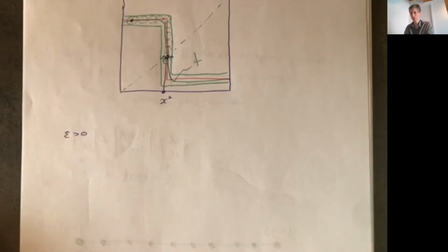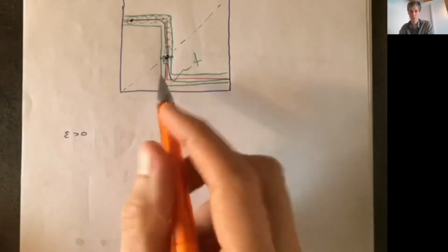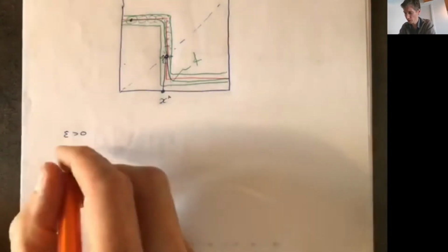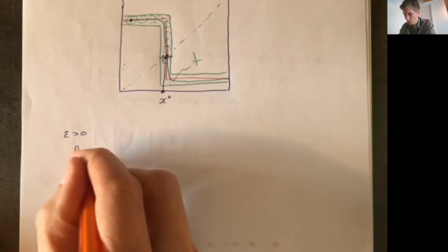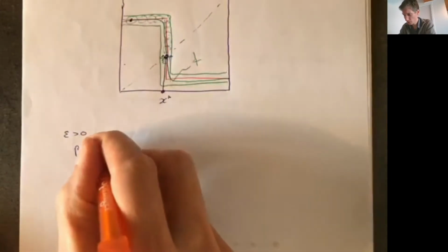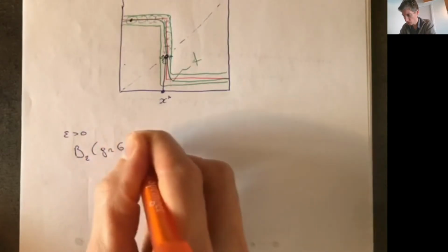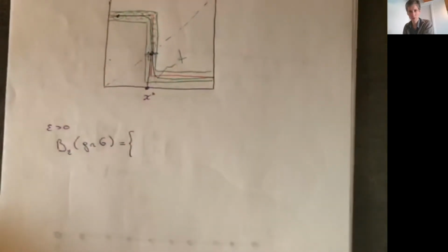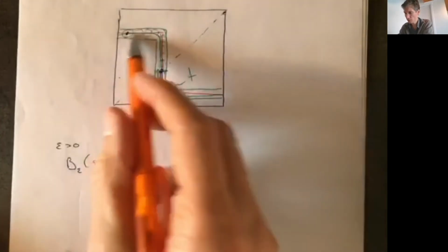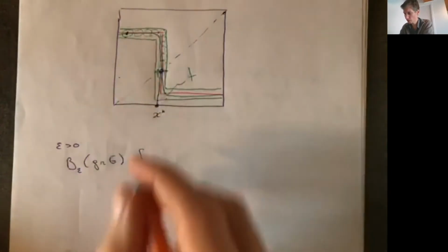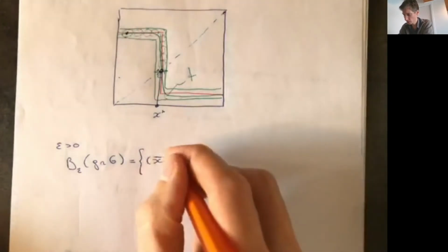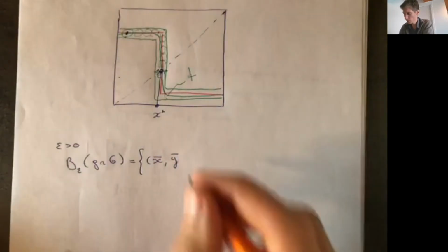We're going to look at every combination of input and output that's epsilon close to some input-output pair in the graph of G. Let me call this the ball of radius epsilon around the graph of G. So what's this? This is everything in this green thing here. It's a value of x and a value of y.